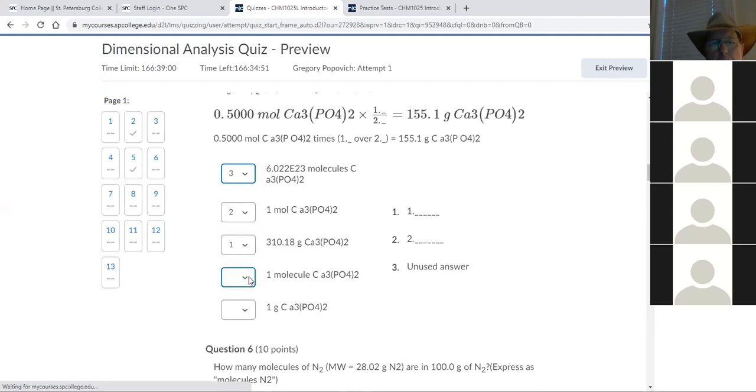Everything else we're going to label as unused. Any questions about this? Do you feel fairly confident to do this? Yes. All right.